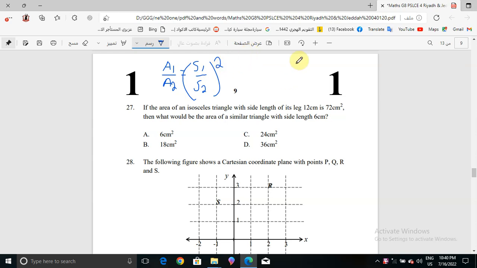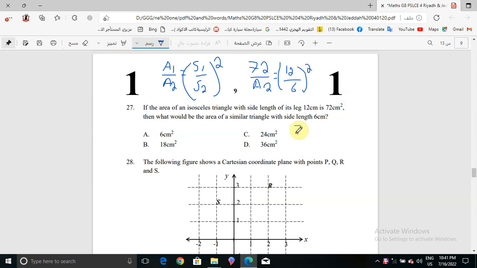Then for A1, we have 72 centimeter squared over A2, which we don't know, is equal to S1 over S2 squared, which is 12 over 6 squared.